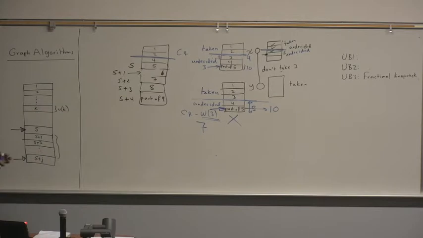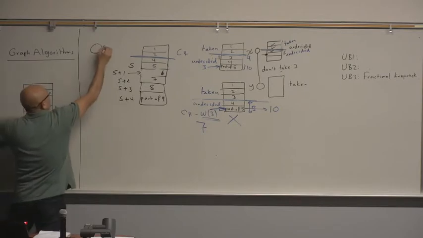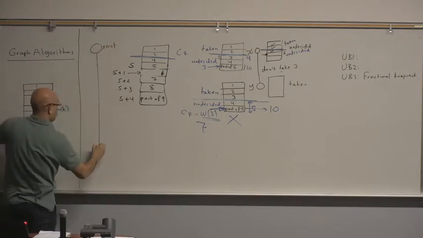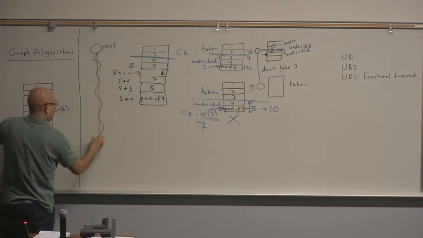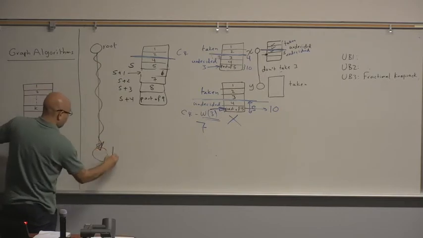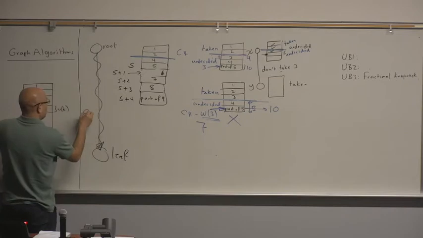Okay, now how do we prove this? I did this last time, but I don't think it was clear enough. So how do we prove that by doing this, the time from root to leaf will not exceed O of n?